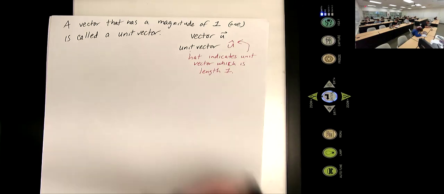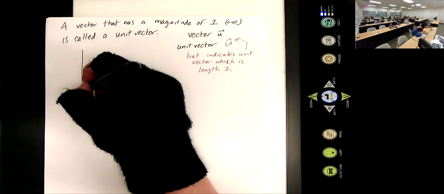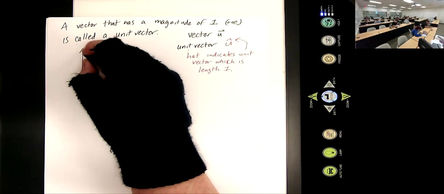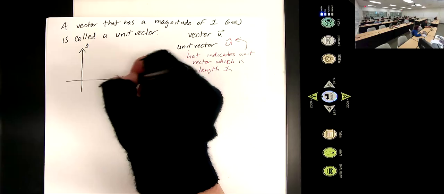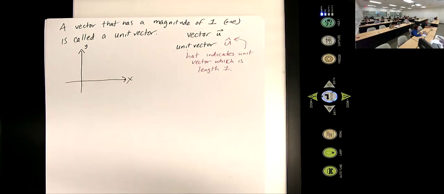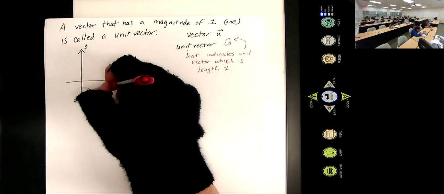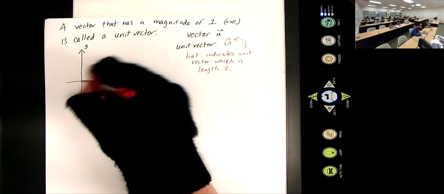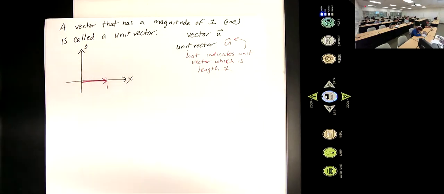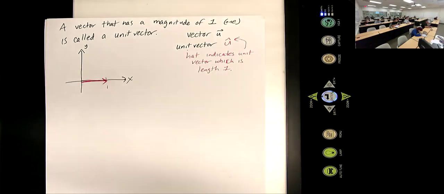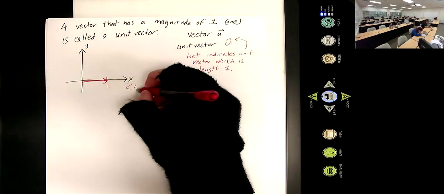This leads to two of the most common ones, on the x-axis and the y-axis. If I go right exactly 1 unit, we know this has a length of 1, since it's only going in one direction. This vector is 1, 0.